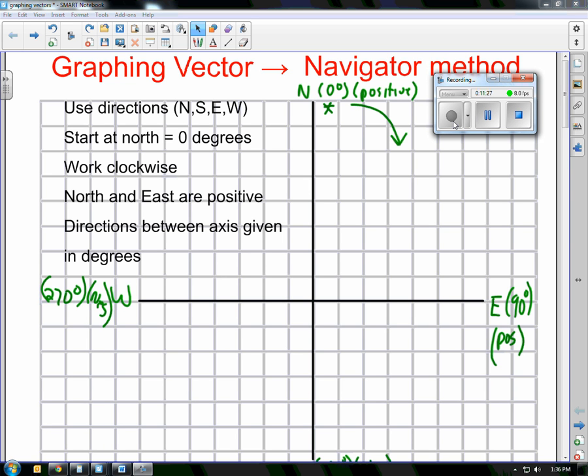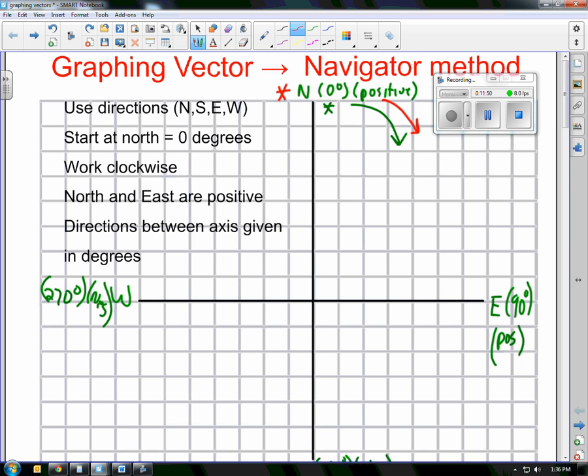So the thing that you have to know about this is that the 0 degree mark in this method starts on the y-axis, just like you would on a compass, right? Up is north, and this is our 0 mark. And then we go in a clockwise method around the grid or the graph that way.